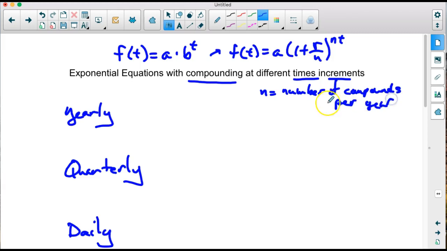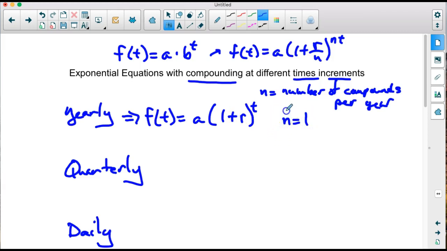So if you're compounding yearly, then it's not going to change much. We're going to have f of t equals a times 1 plus the rate over 1, and t is going to be right here because n is 1. N equals 1 for yearly.